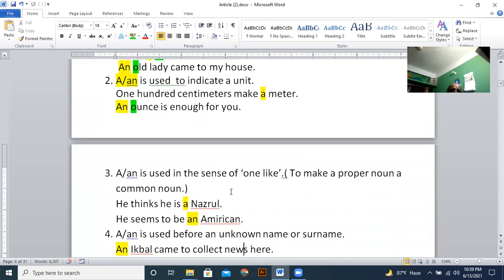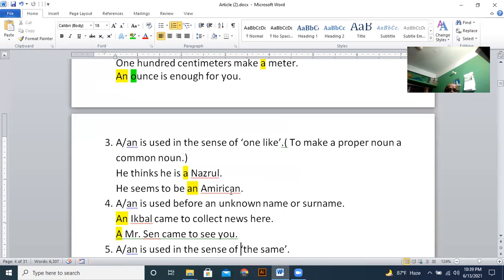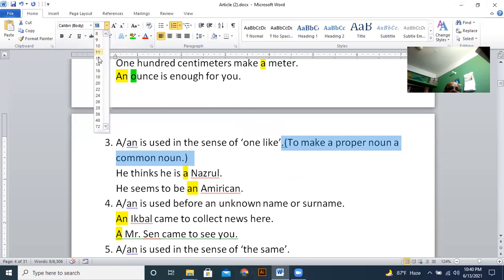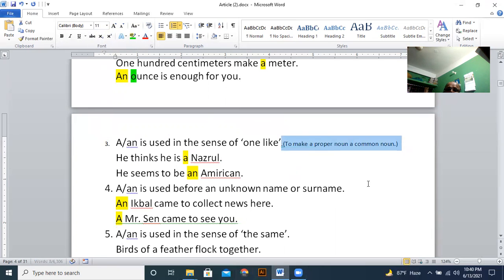Next, serial number 3. A or an is used in the sense of "one like". But what is "one like"? Now look, if a proper noun is made a common noun. Now look, Nazrul: this is a proper noun. But he thinks he is a Nazrul, a common noun.